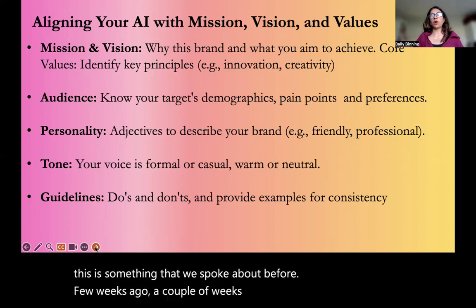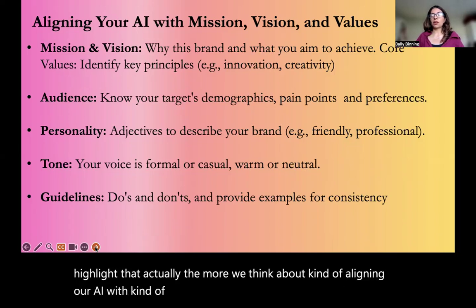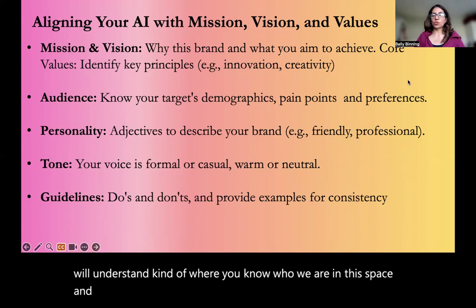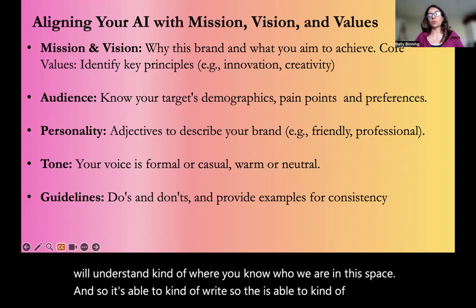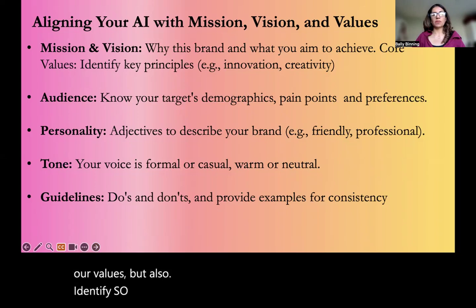So I wanted to highlight that the more we think about aligning our AI with our mission, our vision, and our values, the more it will understand who we are in this space, so it's able to align with our values, but also identify areas of creativity that we want to infuse.